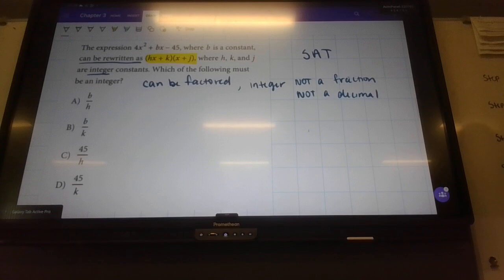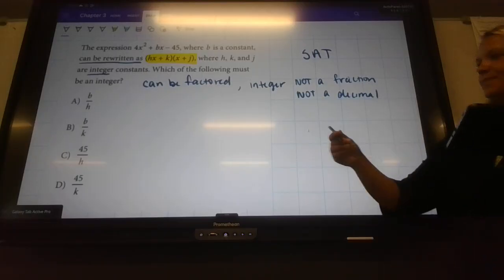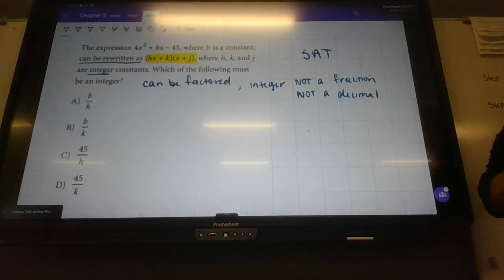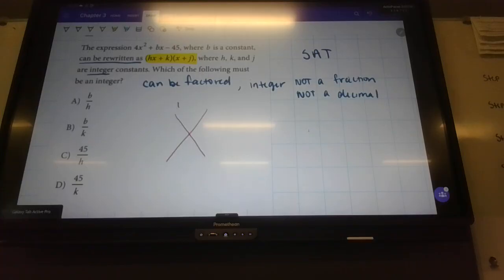First off, B can be really complicated, so I'm not sure about A and B. Does 45 divide by h? H is here. Now we could go ahead and try the X factor, right? We could do 4 times negative 45, which is negative 180. And then down here is B, we don't know.